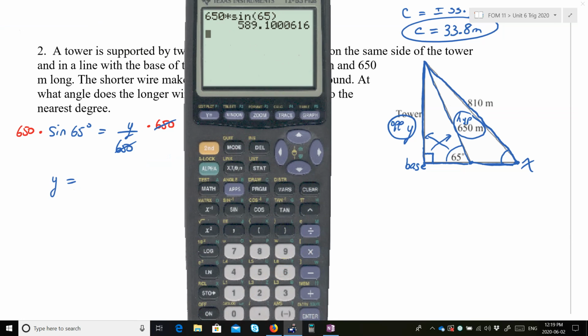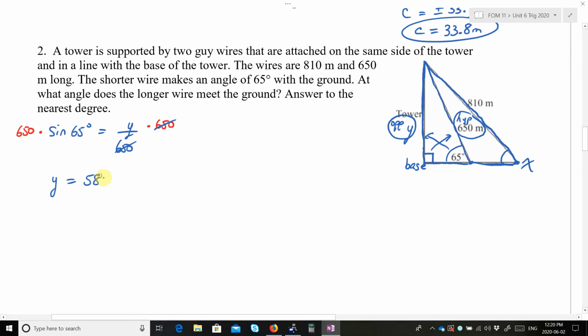Okay, so y is equal to 589.1, and that's going to be in meters.